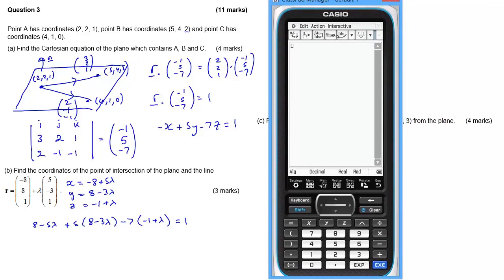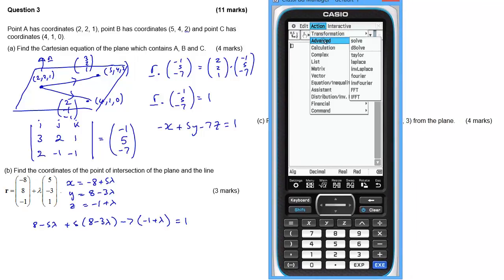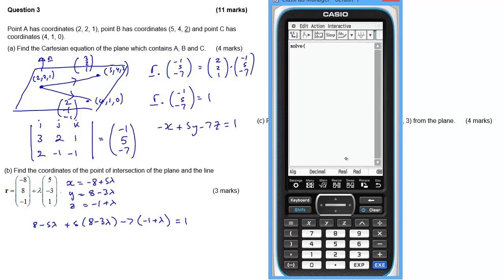So I think I might just solve that on the calculator. So let's solve 8 - 5x, add 5 lots of (8 - 3x), take away 7 lots of (-1 + x), and put that equal to 1.